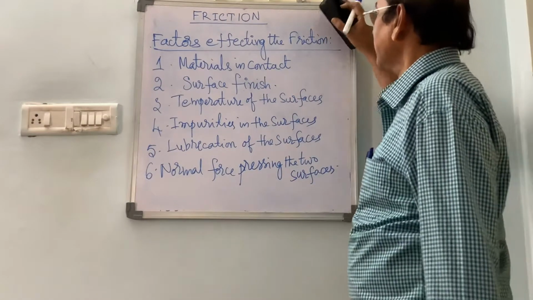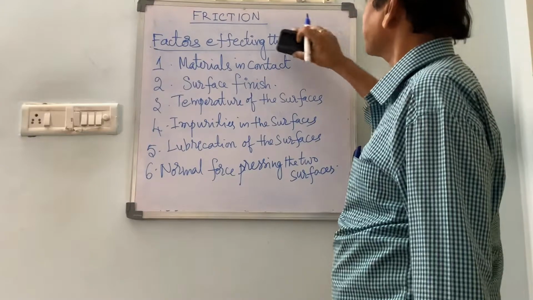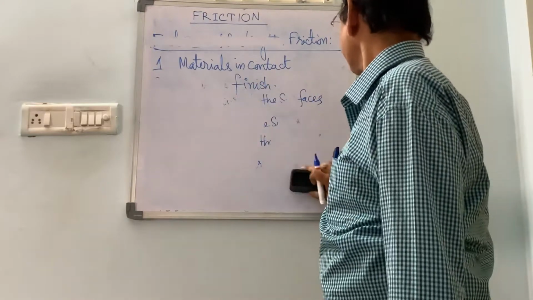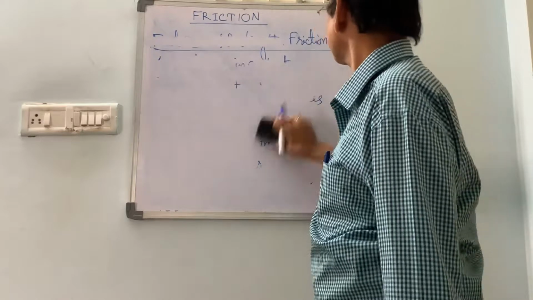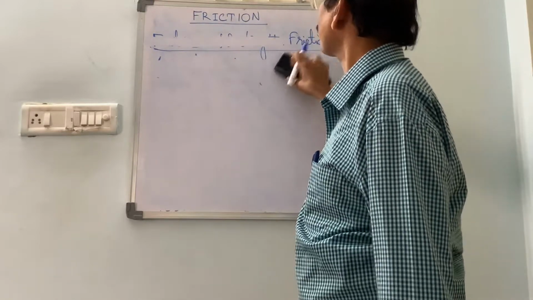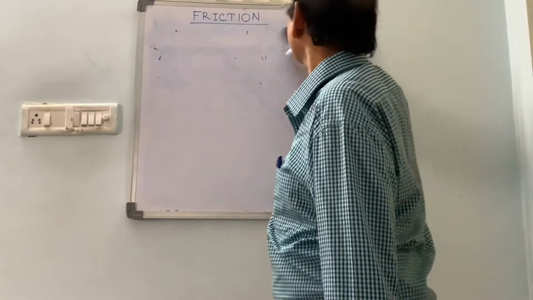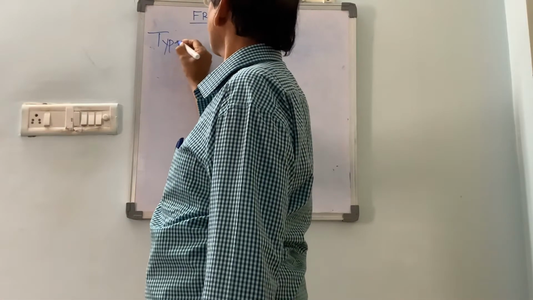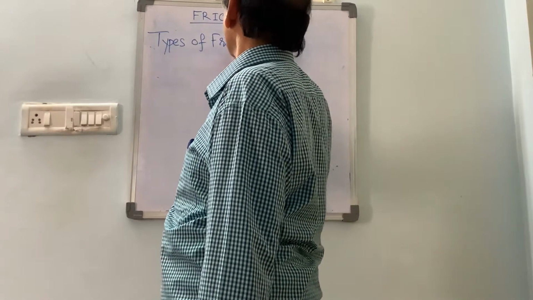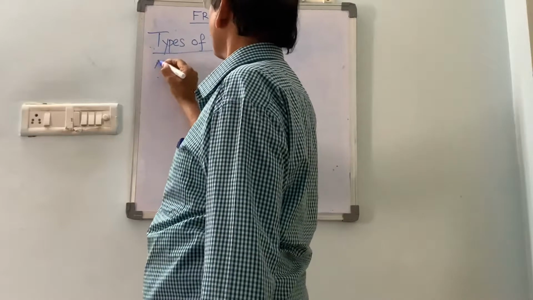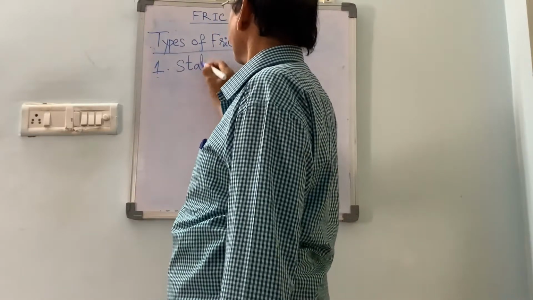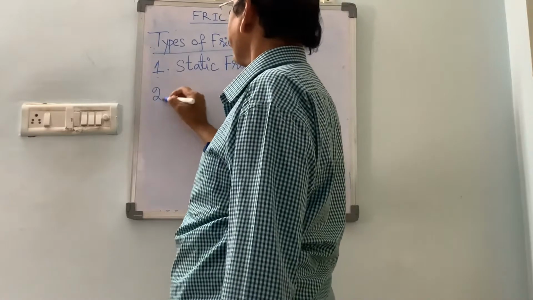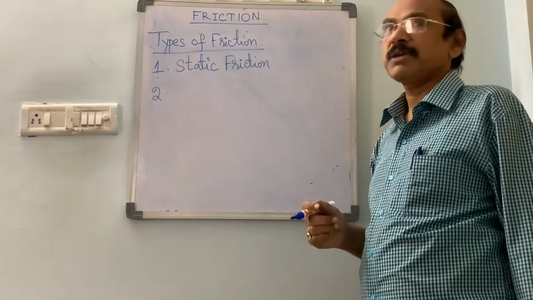Next, let us again recapitulate the types of friction. There are four types of friction.